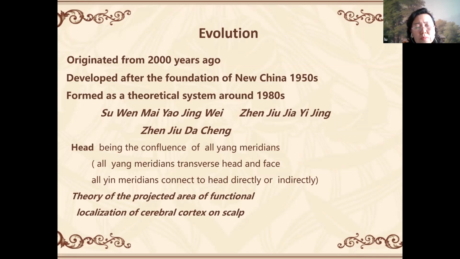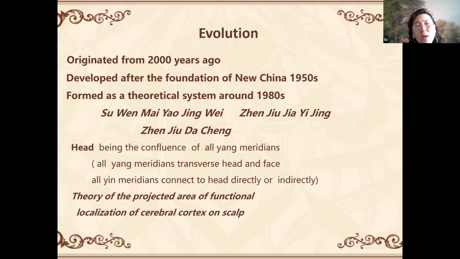According to the theory of Western medicine, we can combine it with the theory of the projected areas of functional location of the cerebral cortex on the scalp.